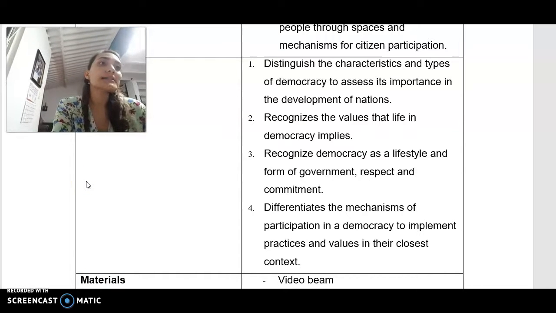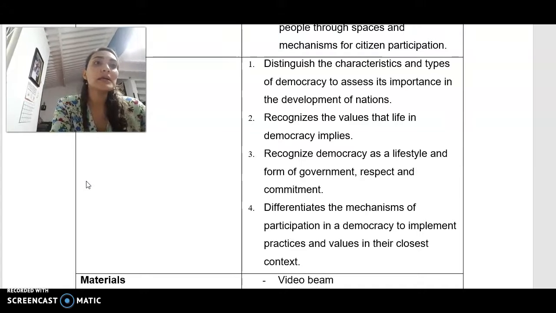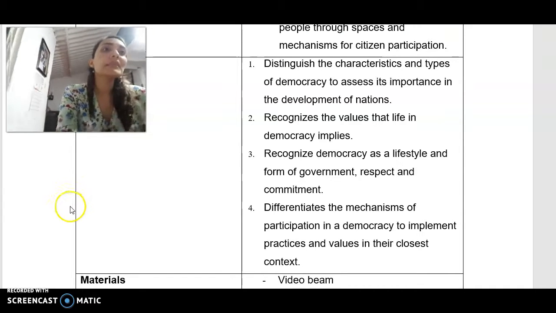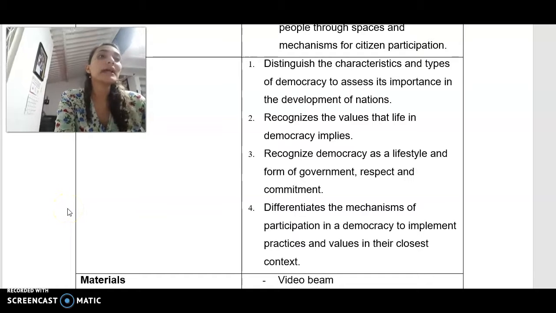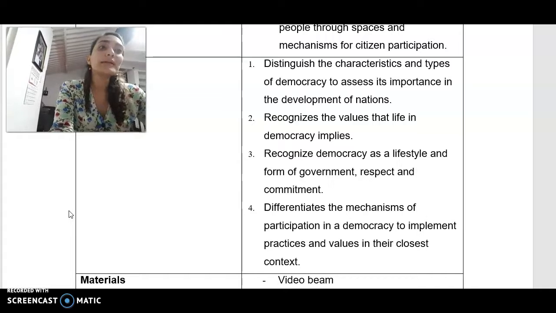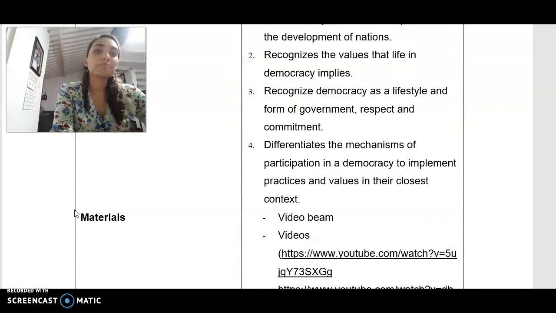Recognizes democracy as a lifestyle and form of government, respect and commitment. Differentiates the mechanisms of participation in a democracy to implement practice and values in their own context.